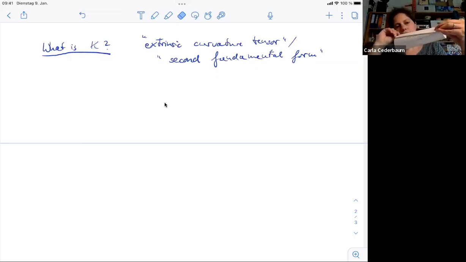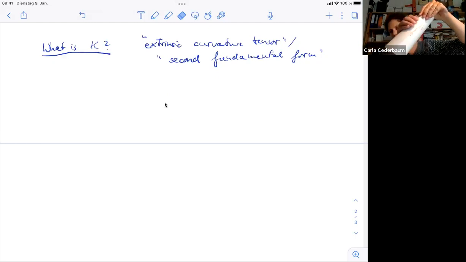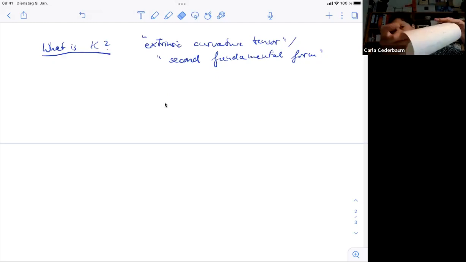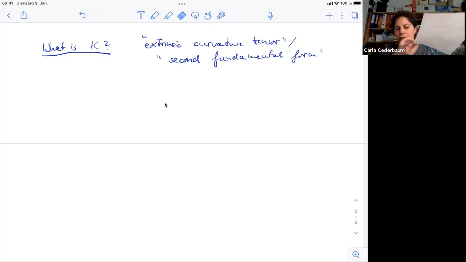But intrinsically, from an interior perspective, if I'm a two-dimensional bug, an analogy we like to use in math, living on the cylinder that doesn't see the third dimension going away from the cylinder, then this bug will not know that the cylinder is curved, because locally it doesn't see a difference between a piece of the cylinder and a piece of the paper when I rolled it out. In other words, in more mathy terms, rolling the cylinder off is an isometry which doesn't change metric information and thus not intrinsic curvature information.